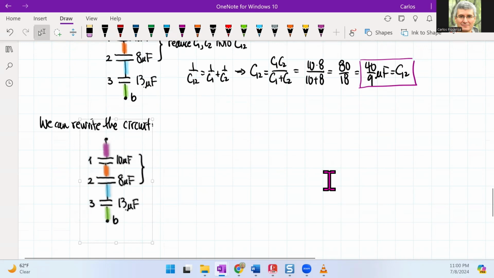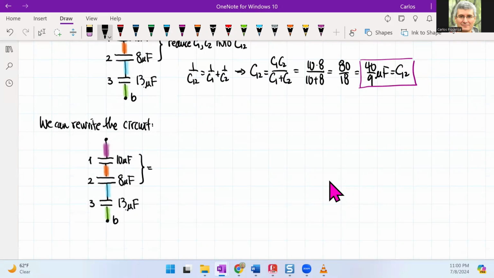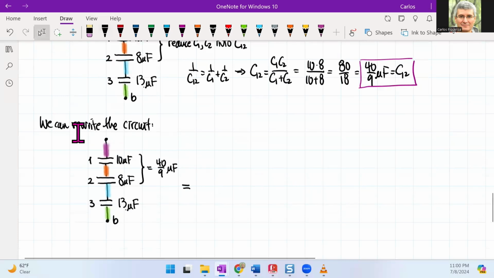By the way, 40/9, what is that? 36.4? Something like that. But all I'm saying here is that now this is a capacitor of 40/9 microfarads.